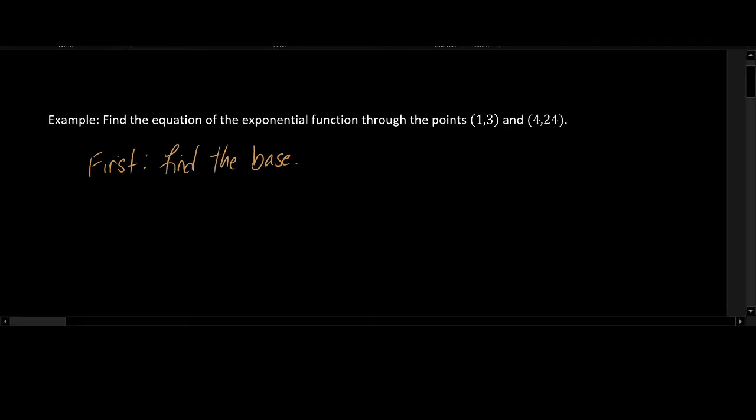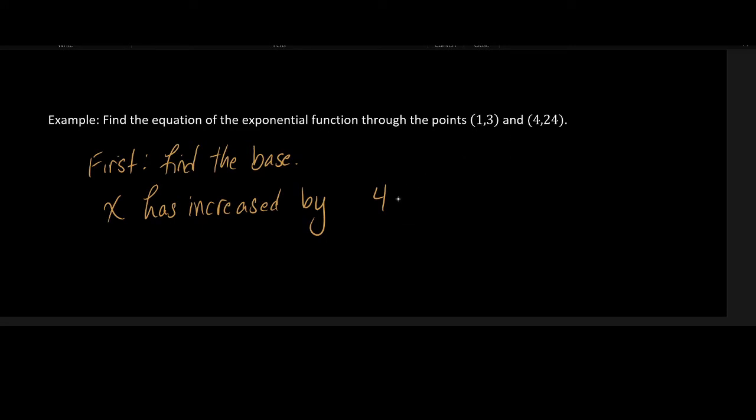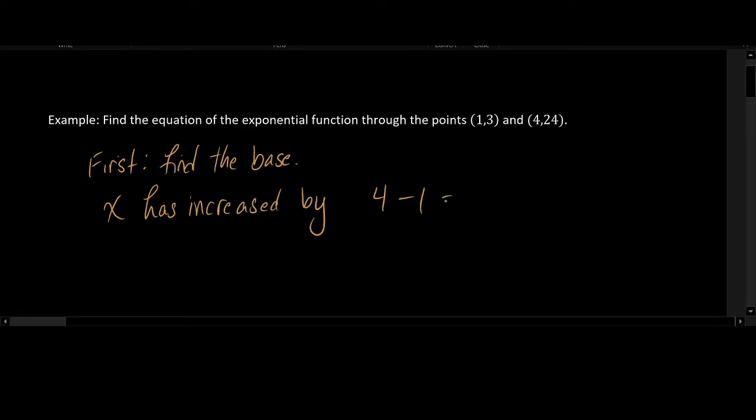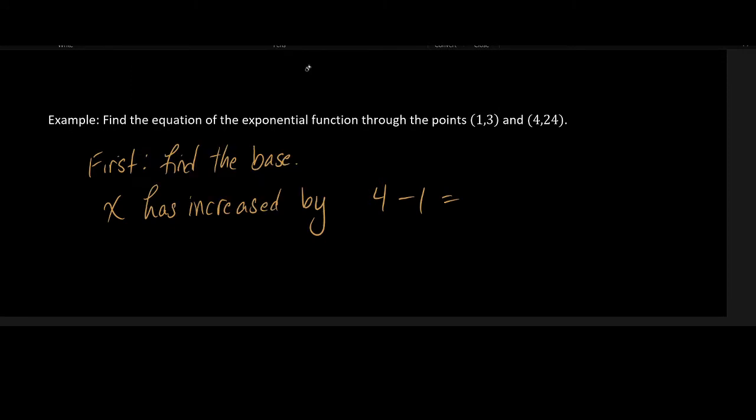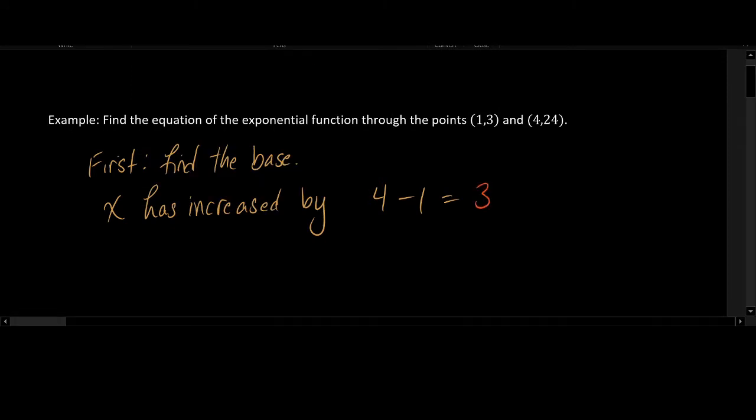So here is our final x. X equals 4 is the final x. X has increased by, take the final x of 4, subtract the first x of 1. From 1 to 4, x is increased by 3 units.